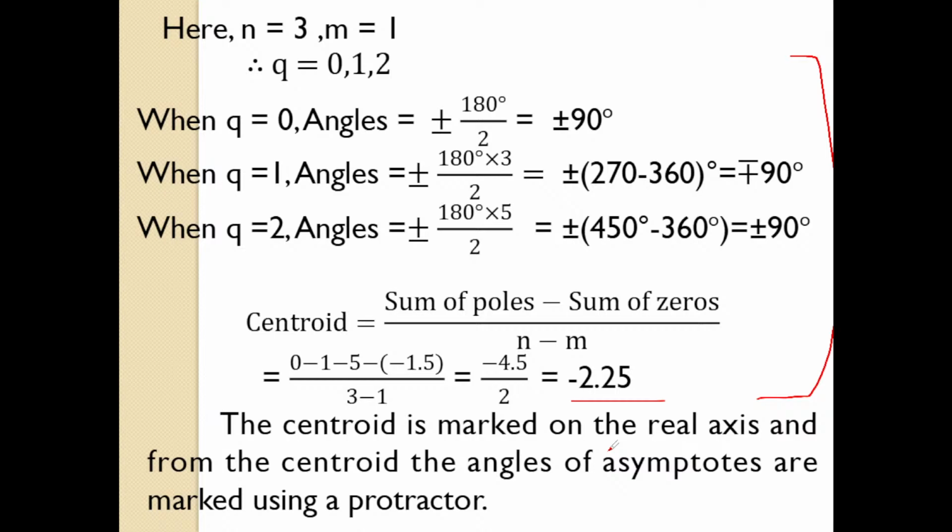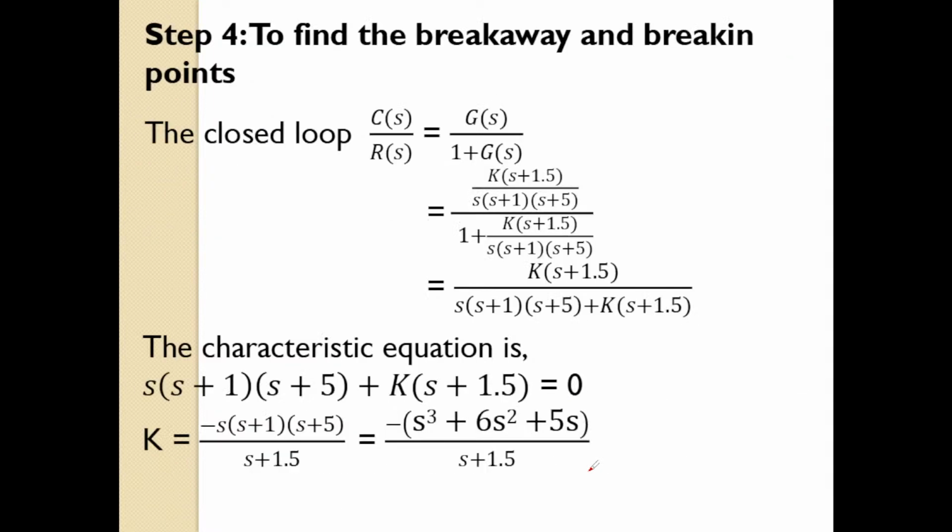K is equal to minus s into (s plus 1) into (s plus 5) by (s plus 1.5). You just take minus common and solve the numerator term. You will get minus of (s cube plus 6s square plus 5s) whole divided by (s plus 1.5). This is our K expression.